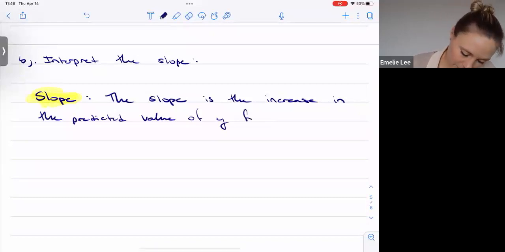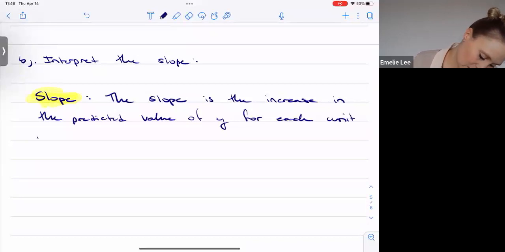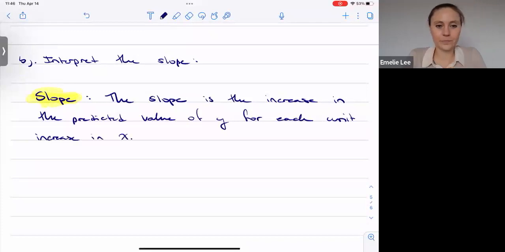There we go. A unit is just one increase in x. So for example, if x is the percent in poverty, it's a 1% increase in x. So just 1 unit.